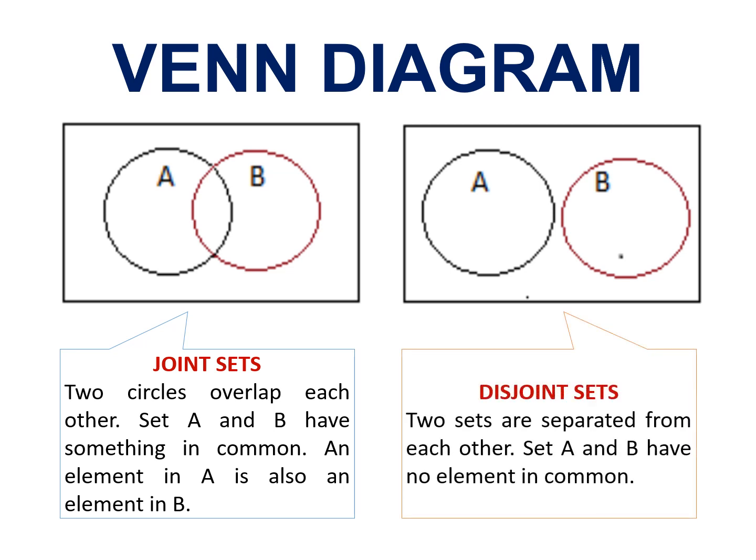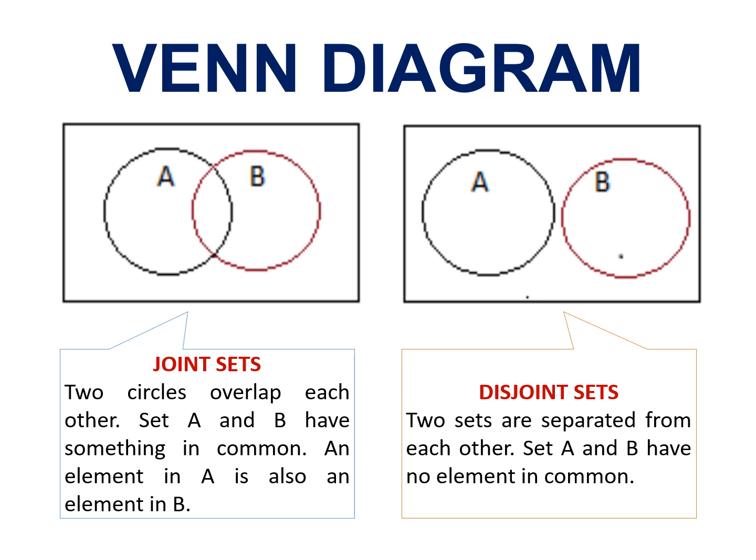We call that disjoint sets. They are separate from each other. These are two sets that are separated from each other. Set A and set B have no element in common.